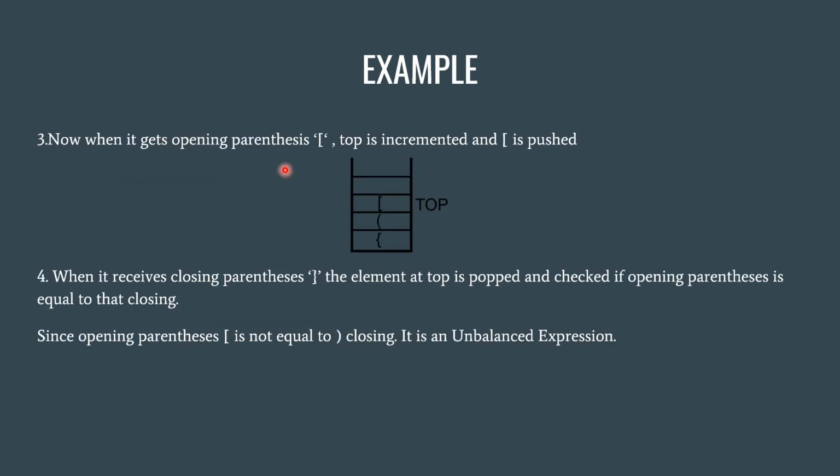Now, when it gets an opening parenthesis, top is incremented by 1. When it receives a closing parenthesis, the element at top is popped and we check if the opening parenthesis is equal to that closing. Since the opening parenthesis is not equal to that closing, it is an unbalanced expression.